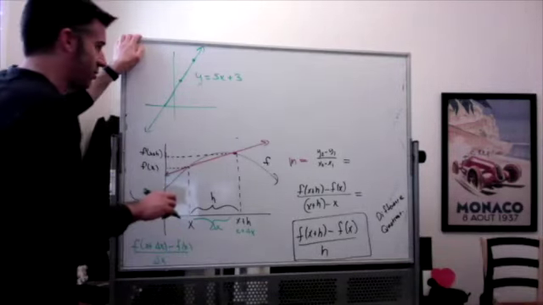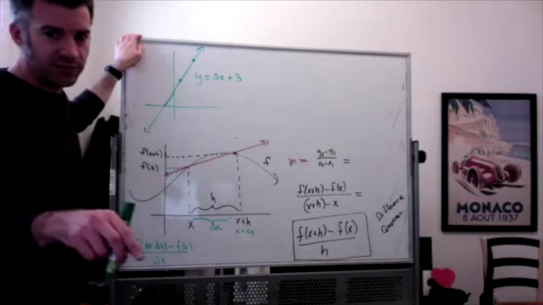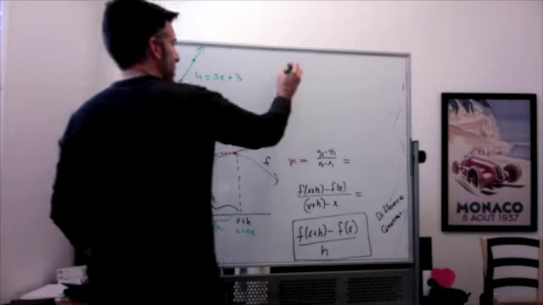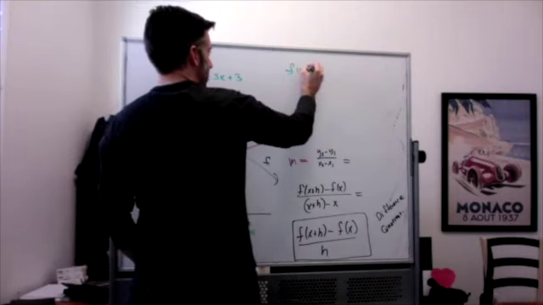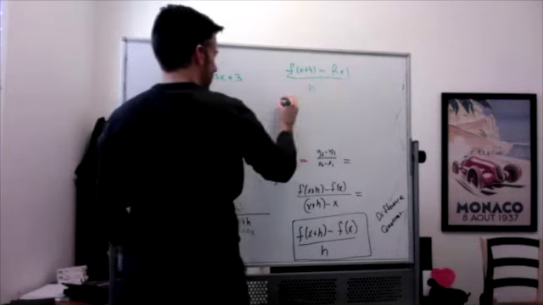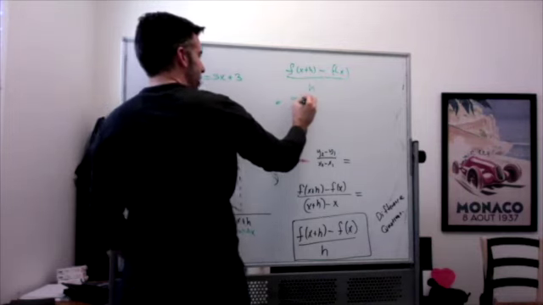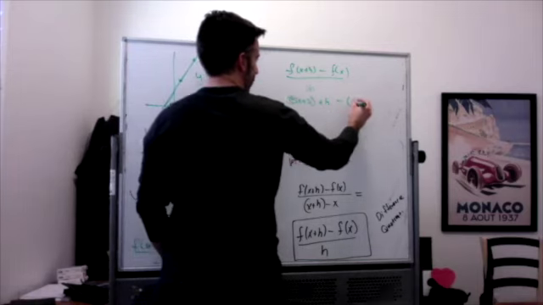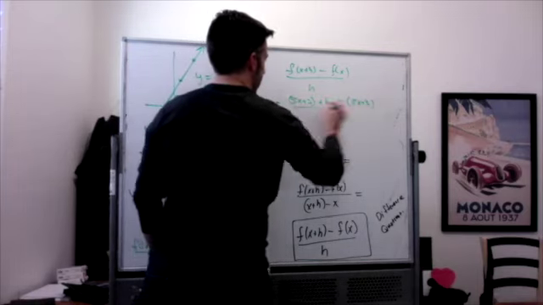The other thing I want to help you avoid is, so just be careful. I've definitely seen way too many people do this in the past. They write f of x plus h minus f of x, and they say that f of x plus h is 5x plus 3 plus h minus 5x plus 3 all over h.